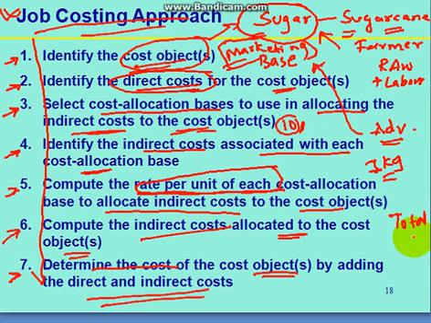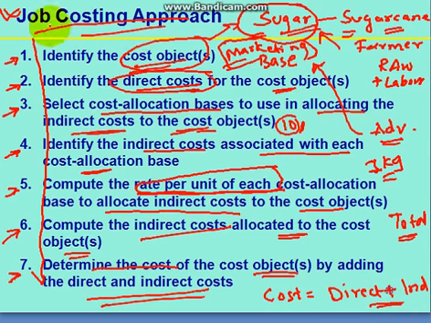How much total indirect cost did our cost object, that is sugar, take, and after that you can determine the cost of the cost object by adding direct and indirect cost. Means the total costing can be done by adding direct costing as well as indirect costing. So by addition of these you can calculate the job cost.